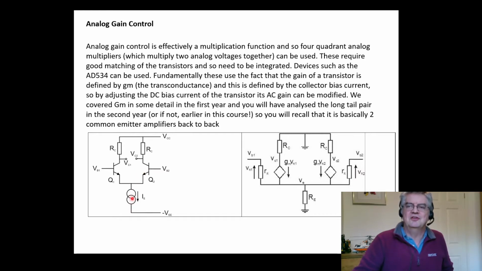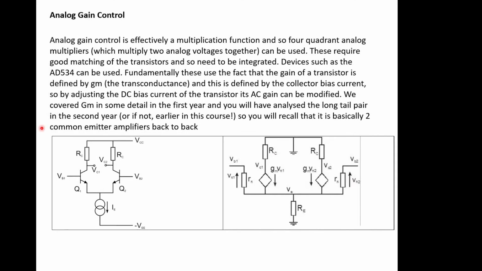This is a DC parameter, a fixed value, but we can change the gain by varying this, and this is something that we will look at going forward again as well. So that was a recap of what we very quickly looked at the end of the last session.